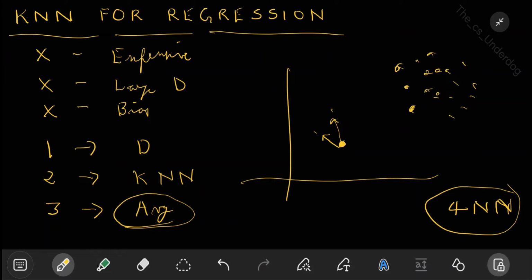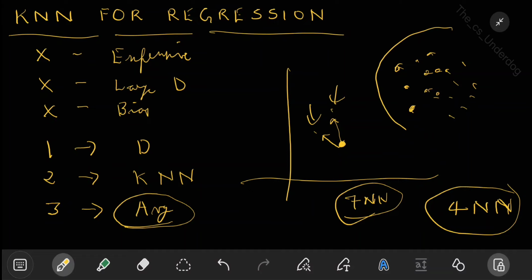But if you are, let's say, using a 7NN classifier, what will happen? Only 2 points are available here. The other 5 points will come from this, which is quite distant from the actual data point, which would mean you may get wrong results. So in that sense, you can say there is some sort of a bias, or you can say wrong answer or wrong calculation that you would do because of considering k nearest neighbors.